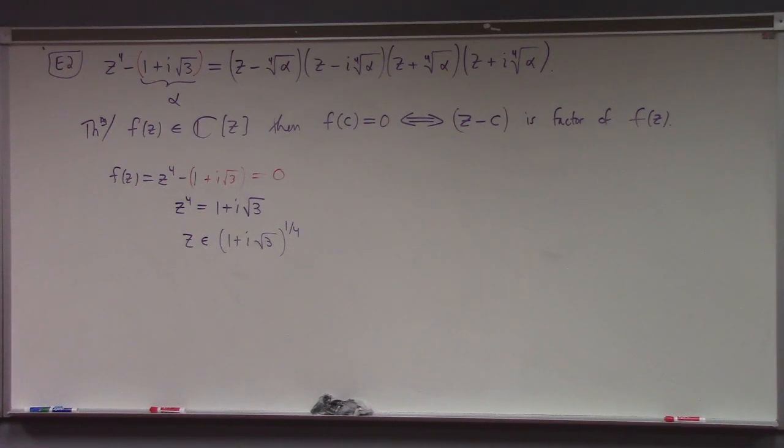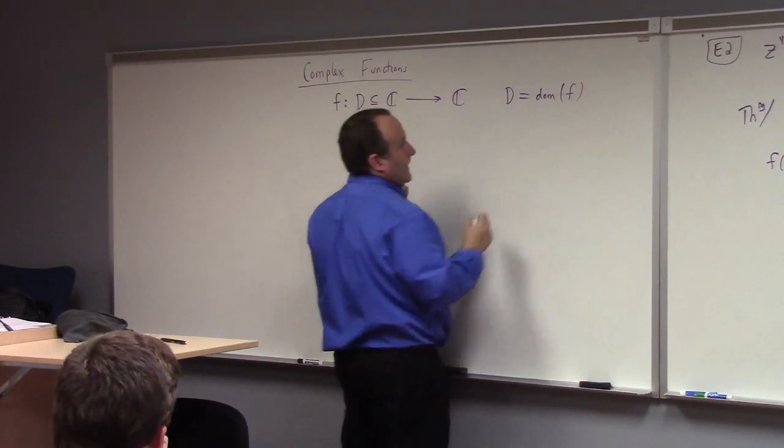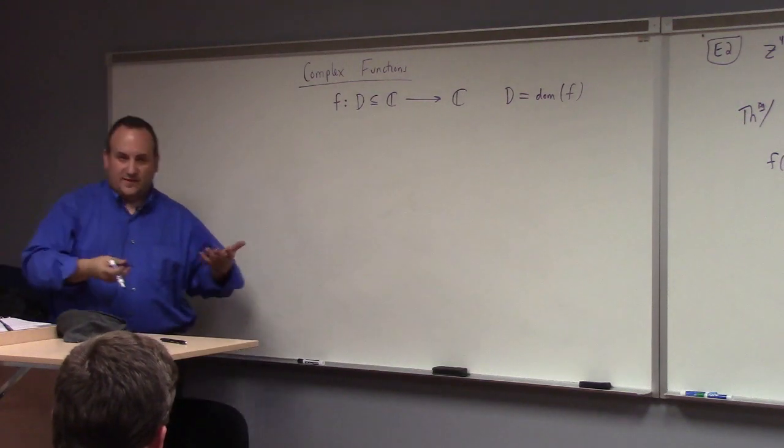So we have some standard notation, vernacular if you like. f is a mapping from, let's say, D, a subset of the complexes, to the complexes. So here I would say D is equal to the domain of f, right? So that's one obvious question. What's the domain of the complex function?